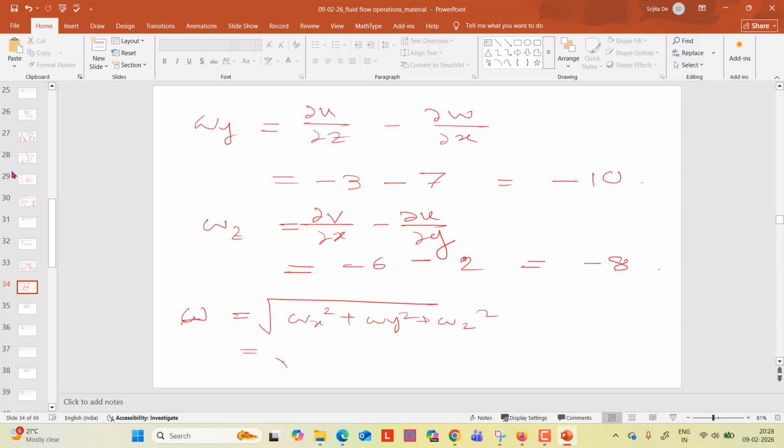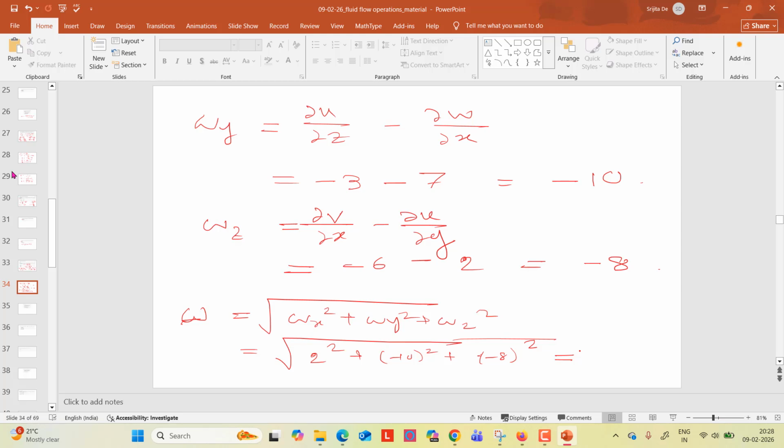So it is 2 square plus minus 10 square plus minus 8 square, which is 4 plus 100 plus 64, root under this means 12.96.